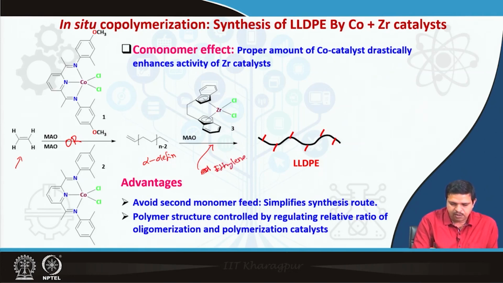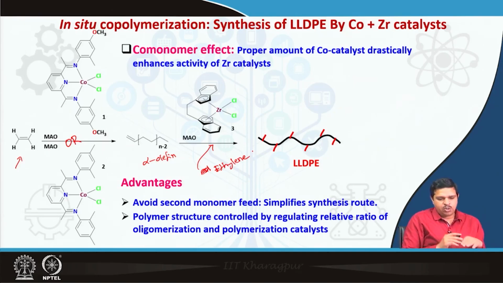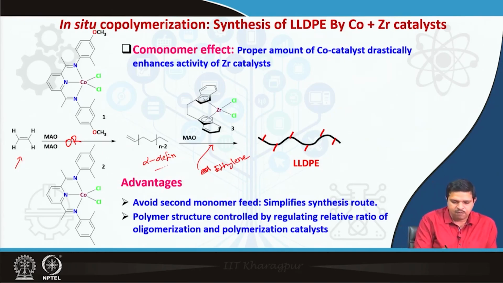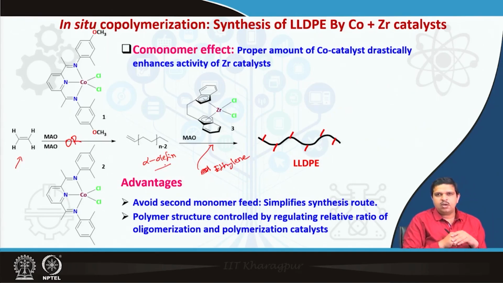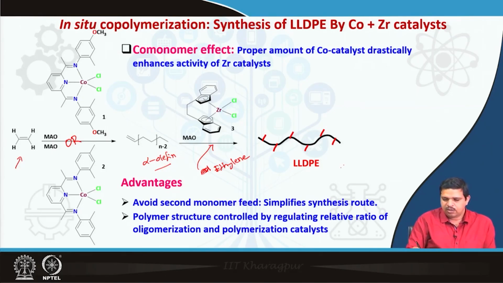In the feedstock we already have the alkene, ethylene. So in the same reaction vessel we are getting the alpha olefin, and we are also adding our well known polymerization catalyst, zirconium or titanium based, and you will get the LLDPE in situ.